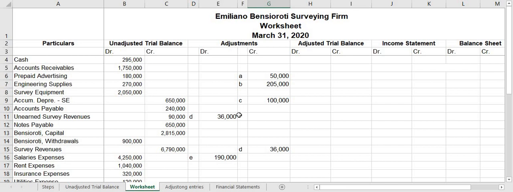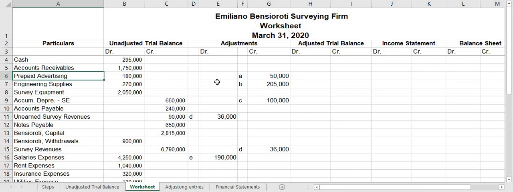You have to check using the help of the letters per adjustment kung tama ba, kung yung mga nakadebit sa adjusting entries, nakadebit din ba siya sa ating adjustment column, at saka yung mga naka-credit sa adjusting entries, naka-credit din ba siya sa ating adjustment column. And of course, kung nilagay ba siya sa proper account. Okay?